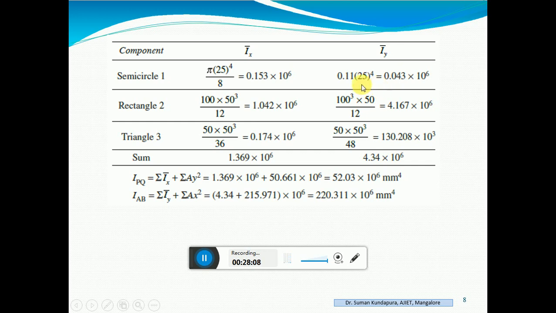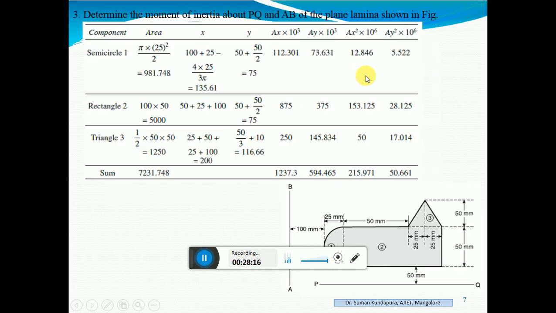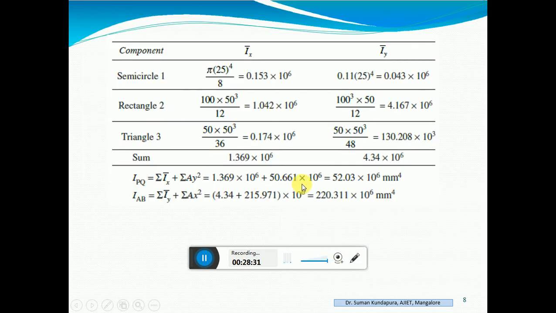Okay. Next one is the 0.11 r to the power 4 because it is lying on the diametrical axis, correct? Y bar lies here. X bar.